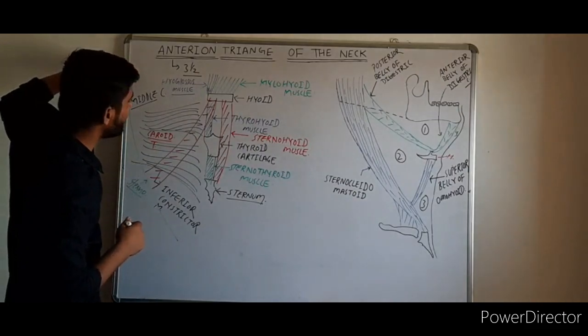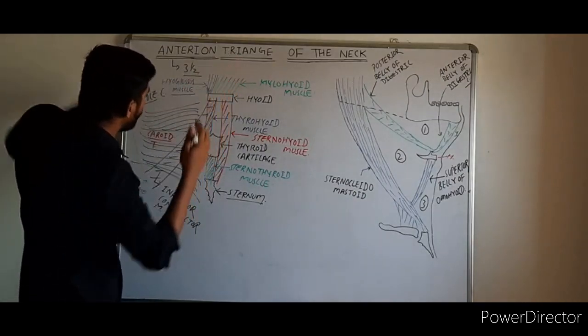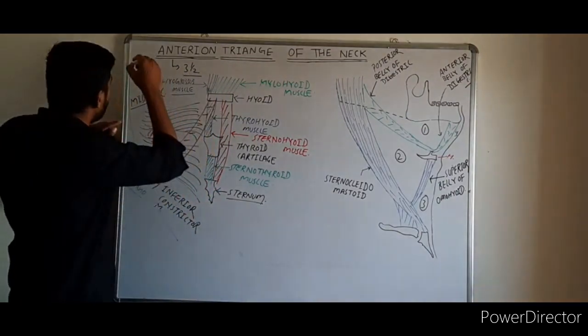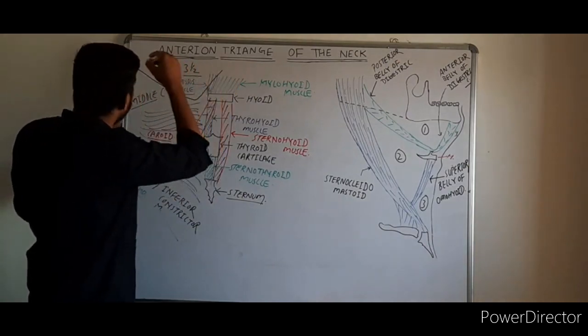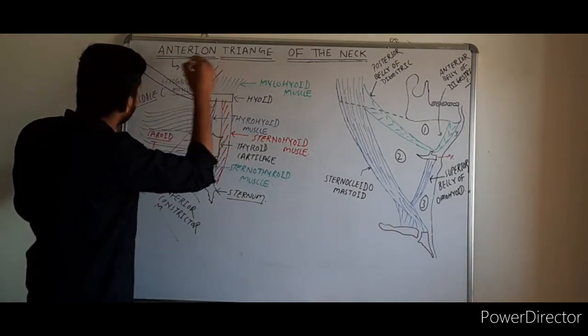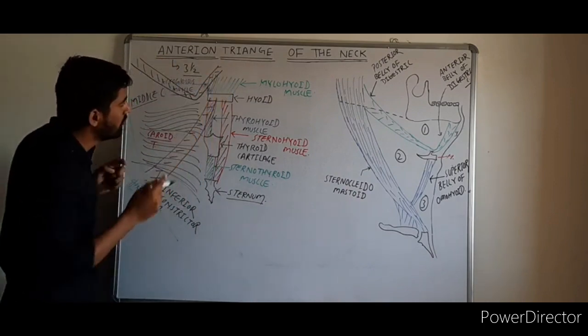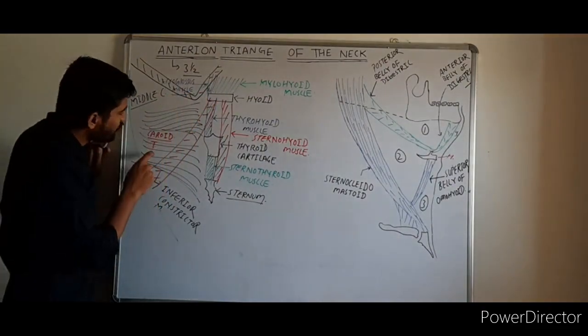So from somewhere here to here, I am drawing with black color. This is the digastric muscle.